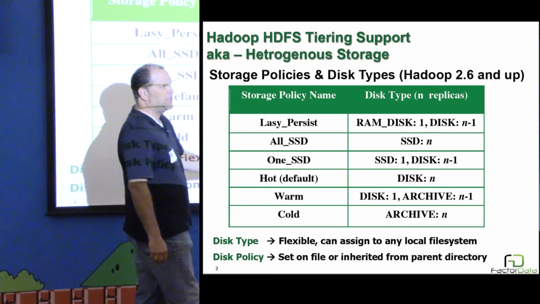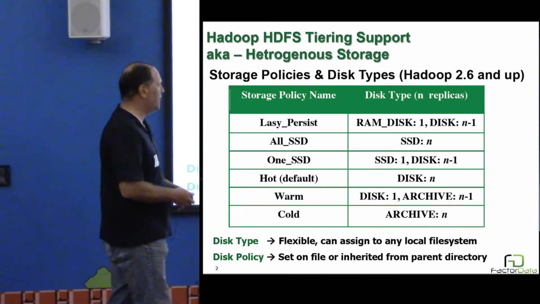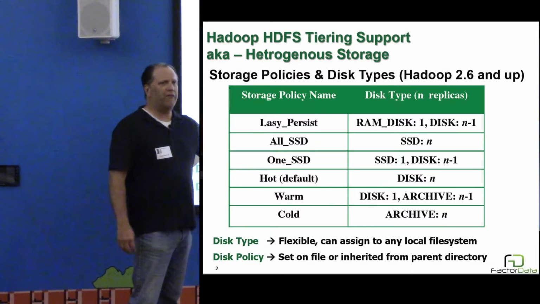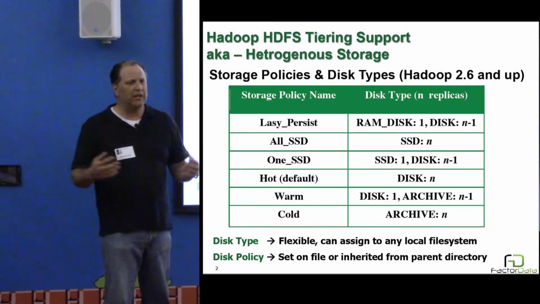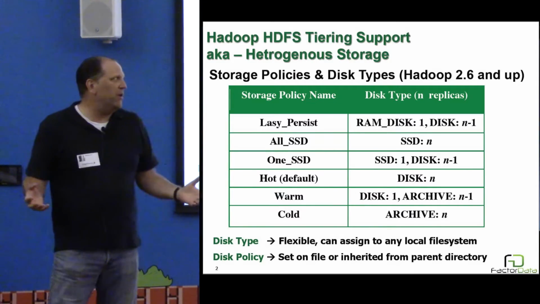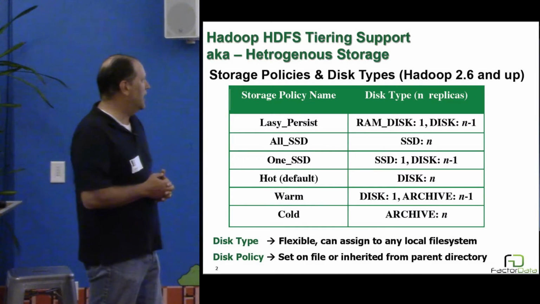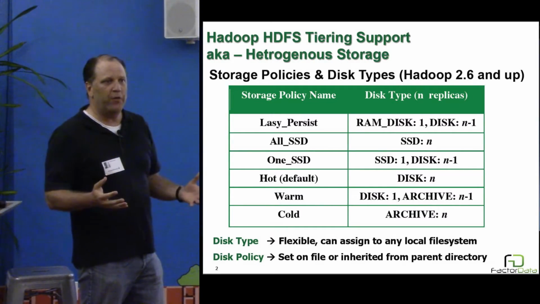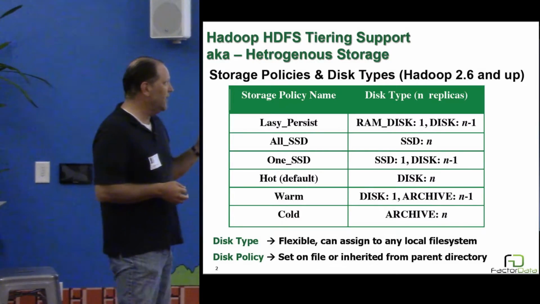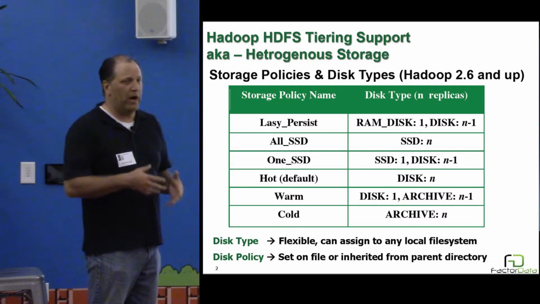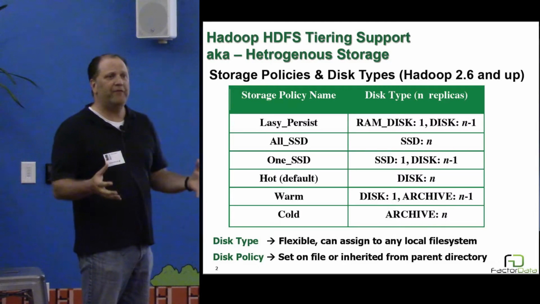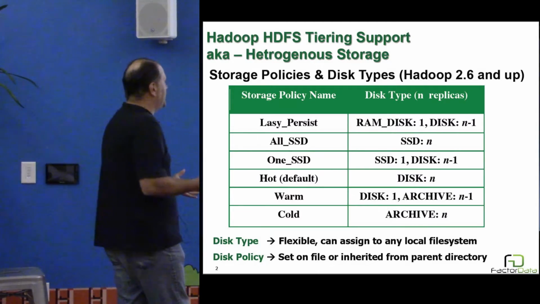Those are just definitions of the storage itself, but you can assign them to any local file system. So you have the flexibility to use these disk types in whatever kind of storage that you want or data node that you want. And I'm going to show you an example of that, where archive is just a type of data node that you've configured, a different SKU, in other words.